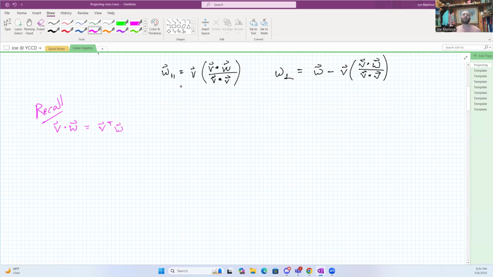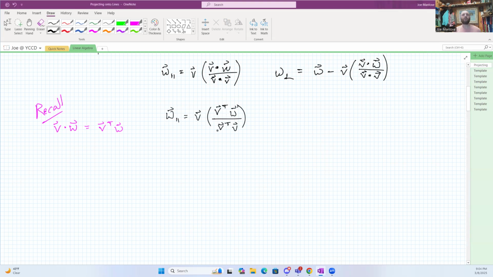So with that in mind, I'm going to rewrite W parallel using that information. W parallel is equal to V times, and then I'm going to put all this together. I've got V transpose W, and then on the bottom there, I've got V transpose V. Are you on board with that?